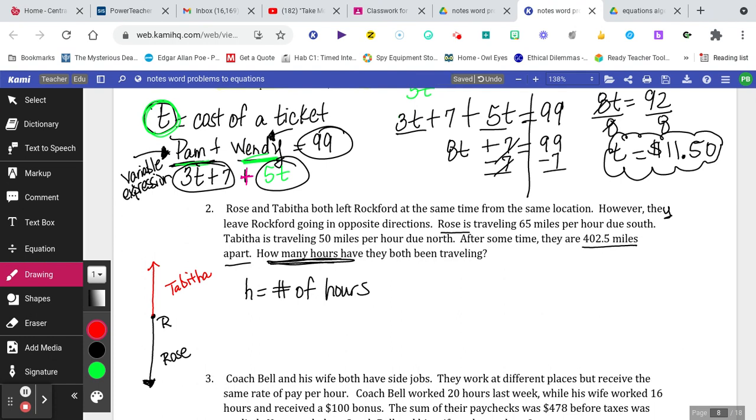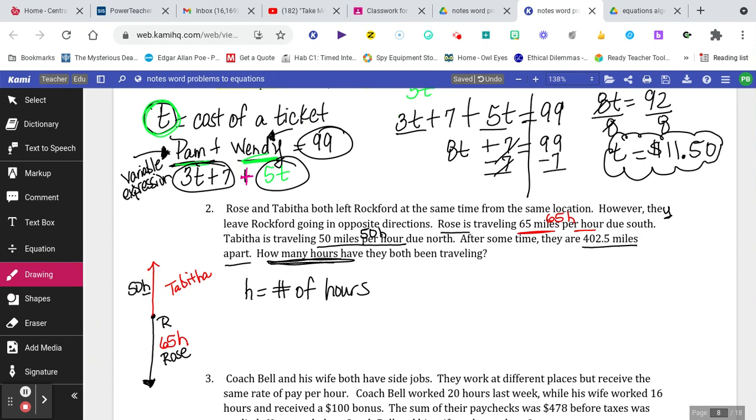So for every hour, she went 50 miles. Okay, so Rose, for every hour, went 65 miles. So I know 65 and H are going together. So Rose travels 65 miles every hour. Tabitha, on the other hand, travels 50 miles every hour. So 50 and H are going together.